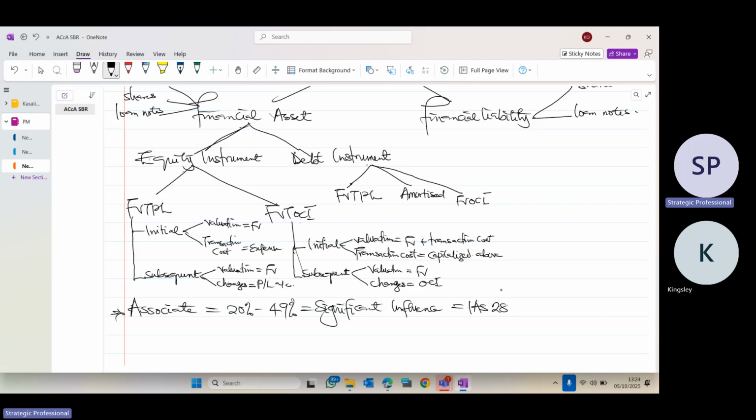But it is basically IAS 28 that really covers it extensively. And IAS 28 only permits the equity method of accounting when you are accounting for investment in associates. Do we get that?